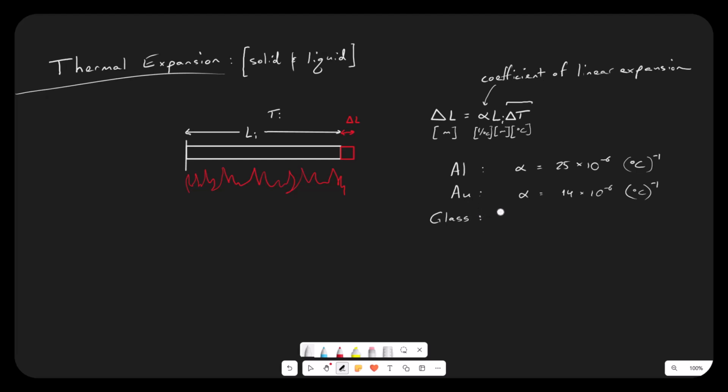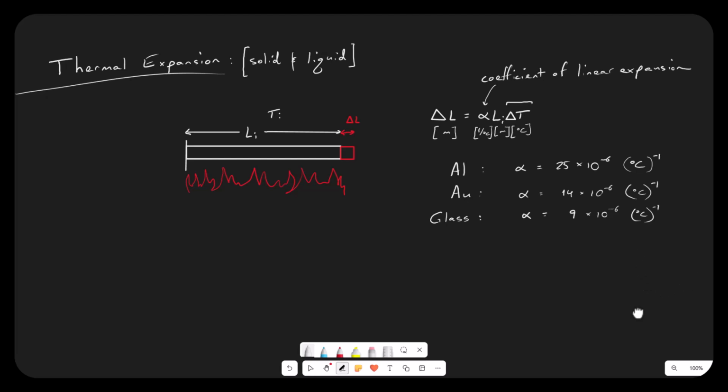And glass can be a whole lot of different things, right? You can make glass a lot of different ways, but 10 times 10 to the -6th inverse degrees Celsius is a pretty representative number. We can also do this with liquids. So let's not worry too much about liquids for linear expansion. That doesn't make much sense, but we don't have to stick to linear expansion. We can also do area, and we can also do volume.